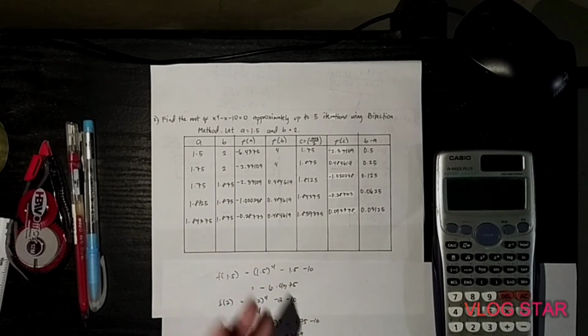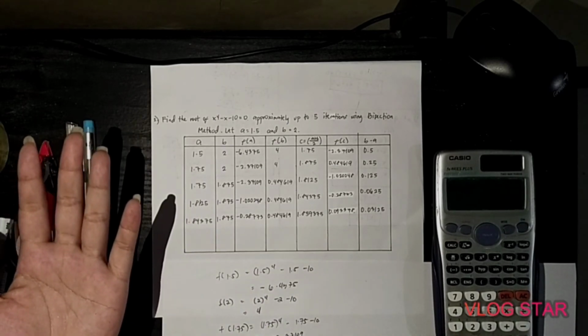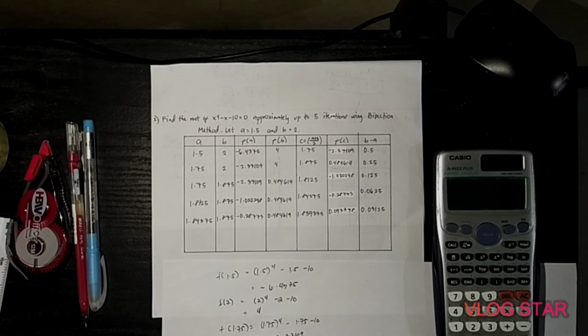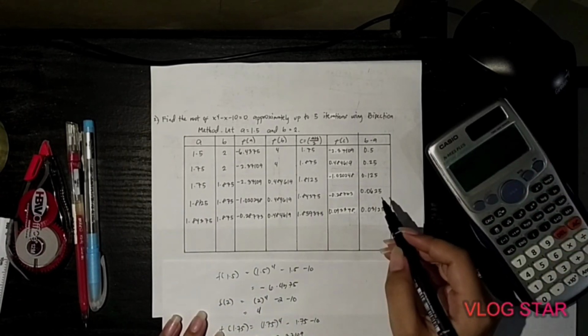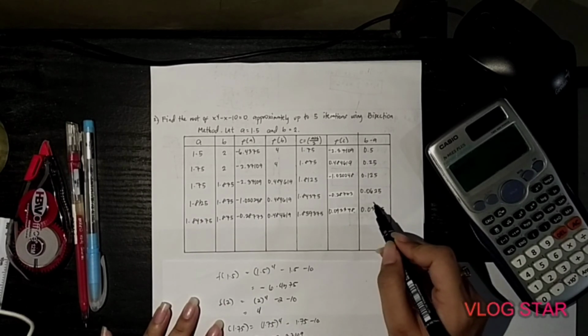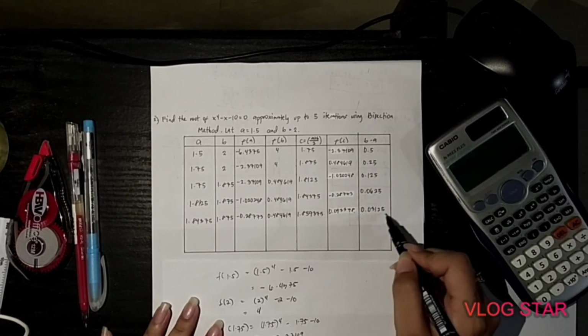So we have reached the 5th iteration now, and we can see that as we proceed, the values of a and b are getting closer.